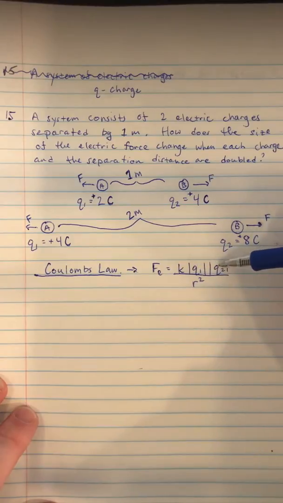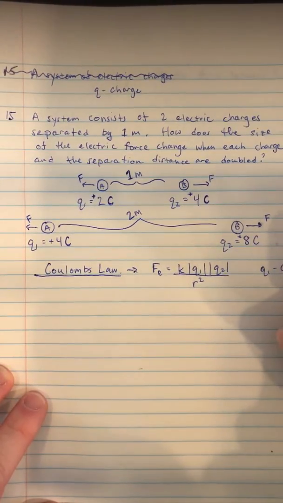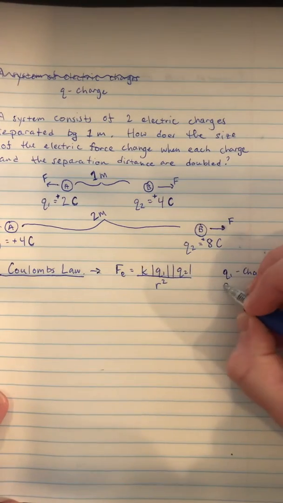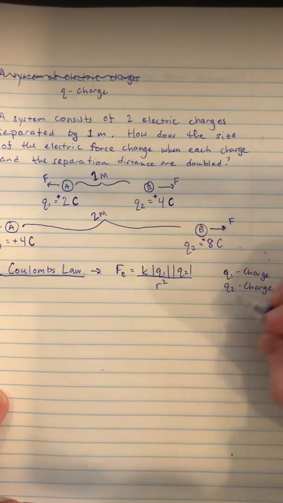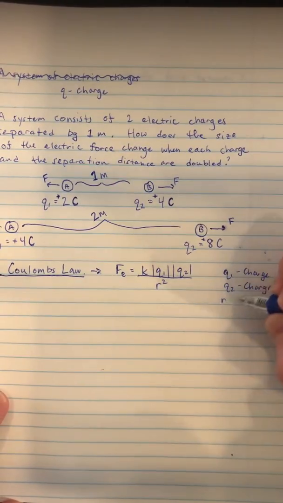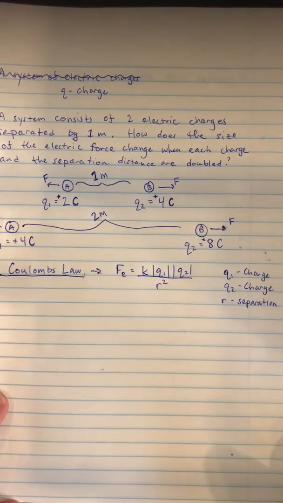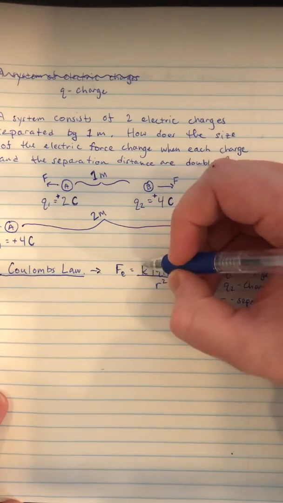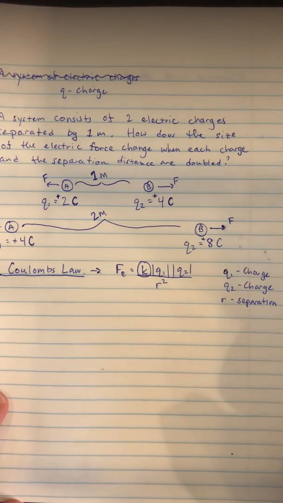Where Q1 and Q2 are both charges. Q1 is charge. That's going off the paper. Way to go. Q2 is also charge. And R is the separation, how far apart they are. And then K is a constant that we use for electricity stuff.